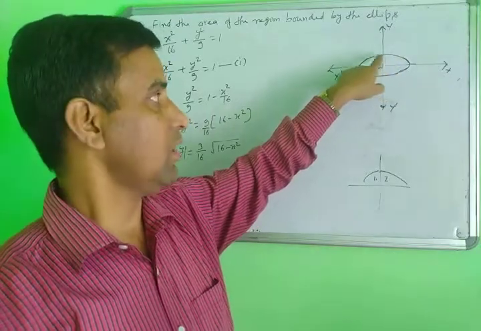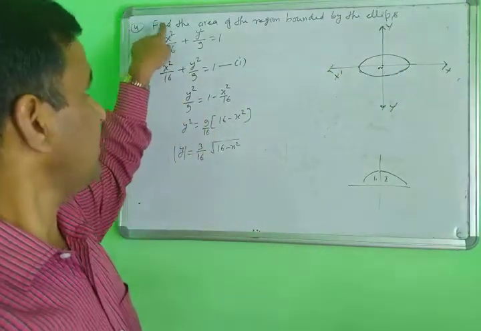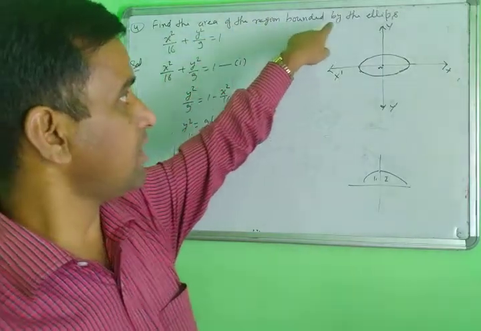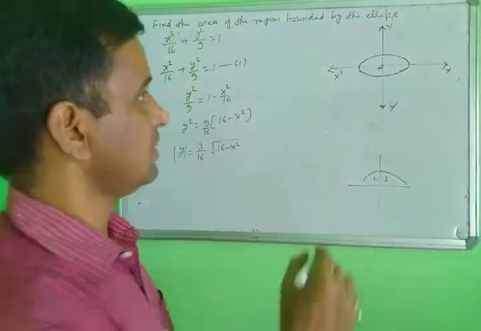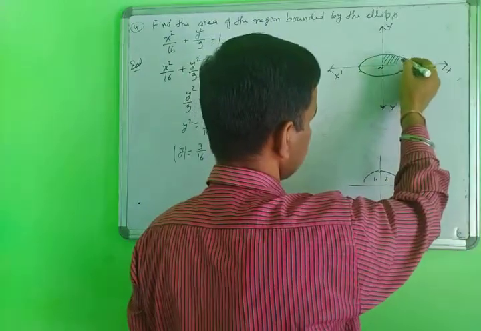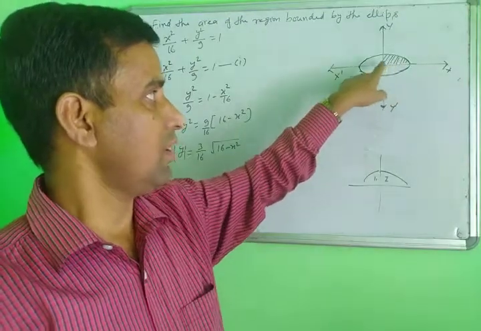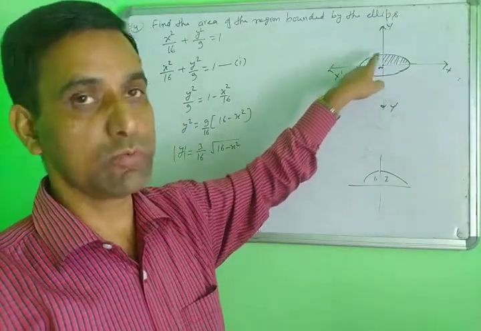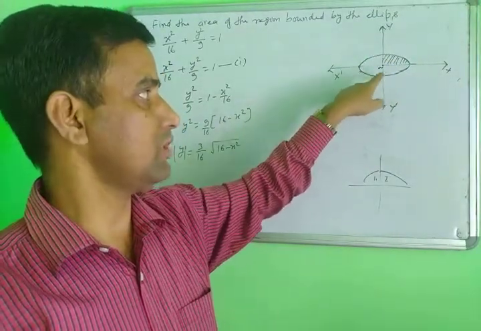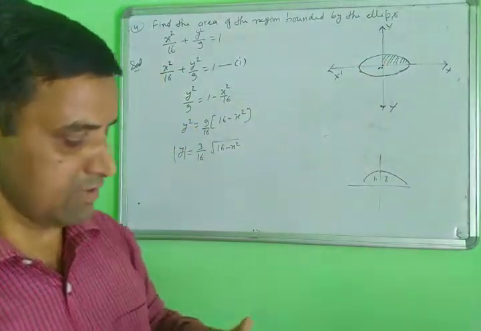Then you will get the whole area of the complete ellipse. Find the area of this portion and multiply by 4, four equal parts, and you get the area of the whole ellipse.